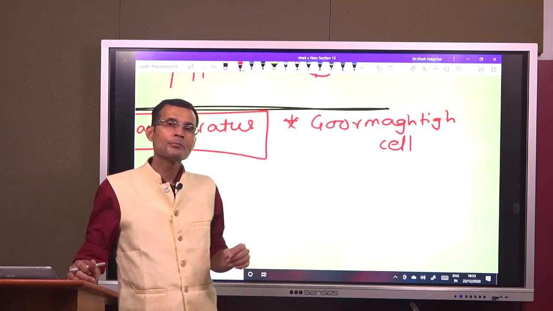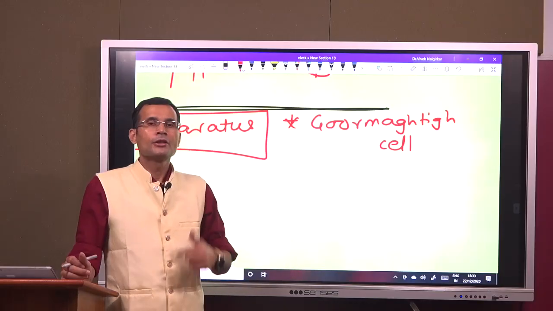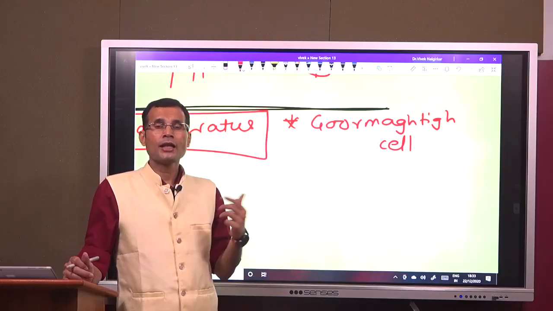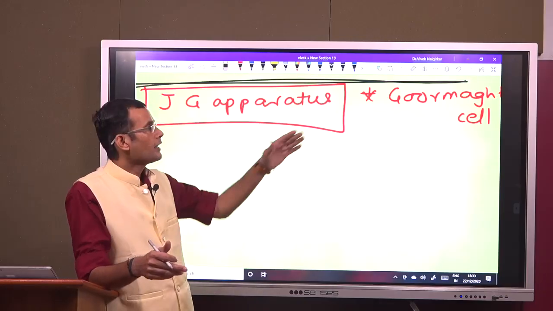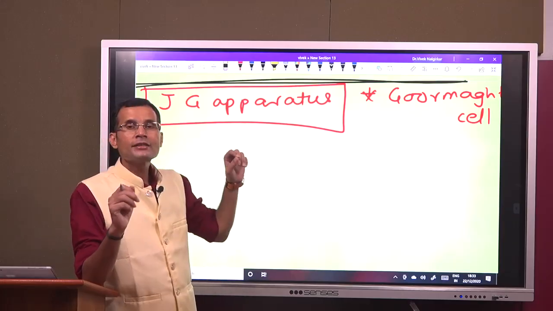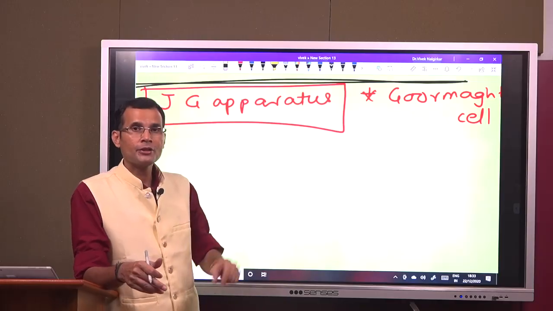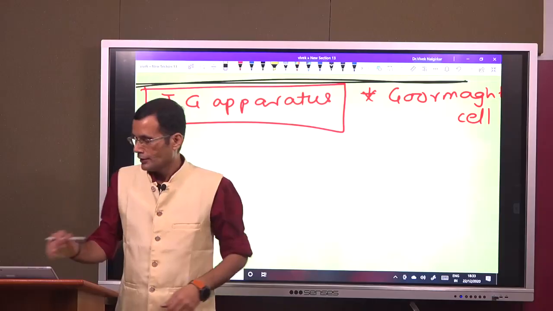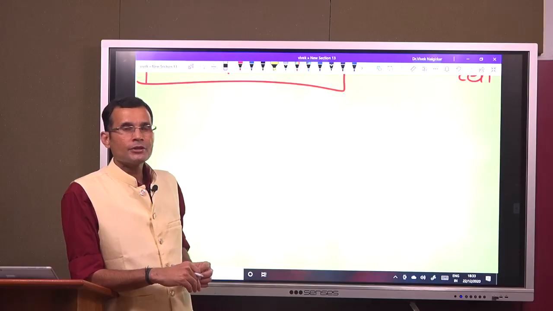And the options are the macula densa cell, the Lacis cell, the granular JG cell, or type 1 cortical interstitial cell. It is known by this name as well, because this is the name of the discoverer who discovered this JG apparatus and that particular cell. Therefore, just remember it.